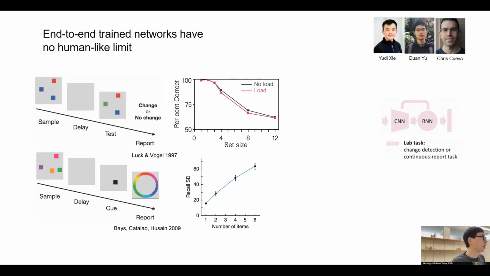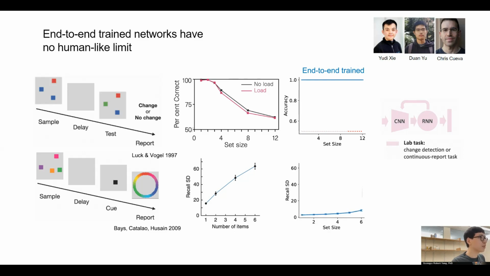We will train the whole thing, every connection weight in these networks. What we see is that in this so-called end-to-end trained network, the performance is very high. It doesn't depend on the set size, so you can do it perfectly. It's nothing like the humans. This is also true for the continuous report task. So it's way better than humans.